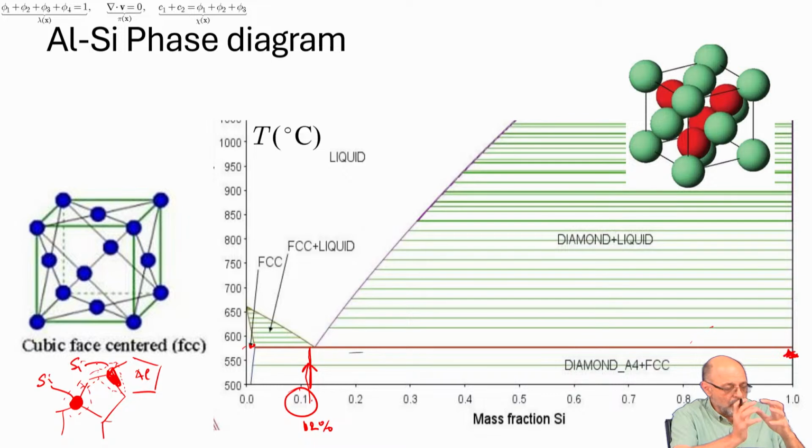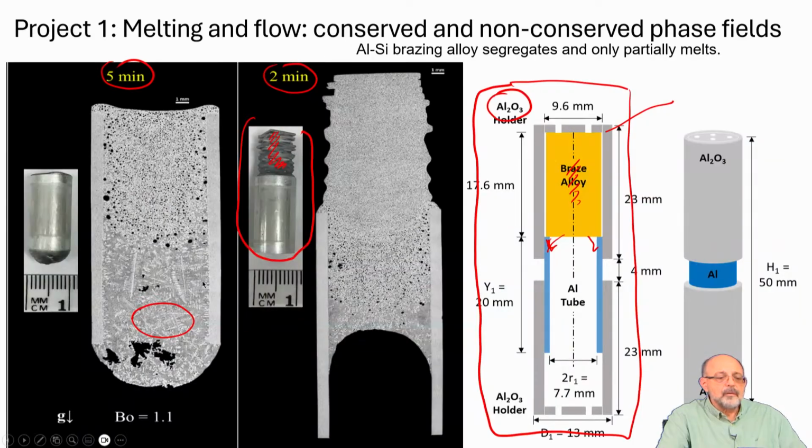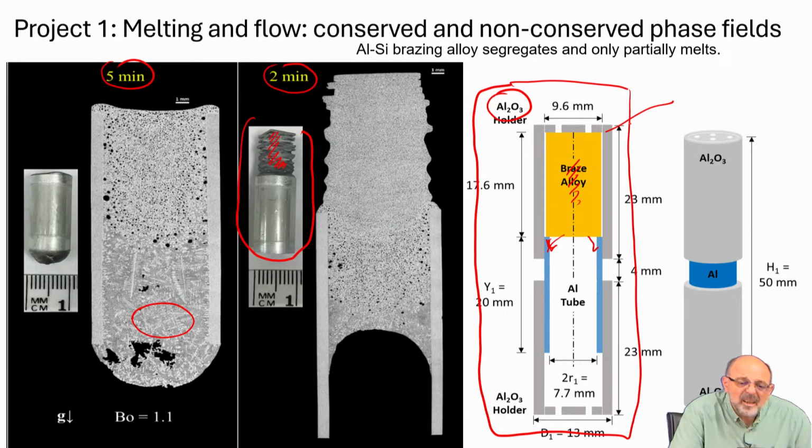If you have an isolated ball of liquid inside the solid, you don't have a flow, but when it percolates, it starts to flow, and what you have is basically very wet granular material at that instant. Granular being pure grains, nearly pure aluminium grains, and aluminium silicon liquid in between.